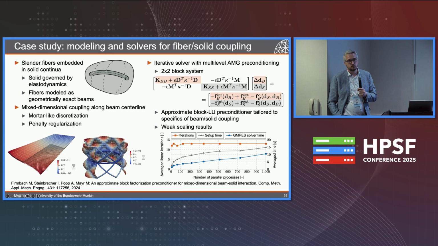We also lose block diagonal dominance, but you can still see the weak scaling results in the bottom right diagram. The number of iterations is perfectly flat at something like 13. And for multigrid setup time and GMRES solve time, we get decently flat lines, with a similar observation that Jonathan made, that setup is usually more expensive than the solve time.